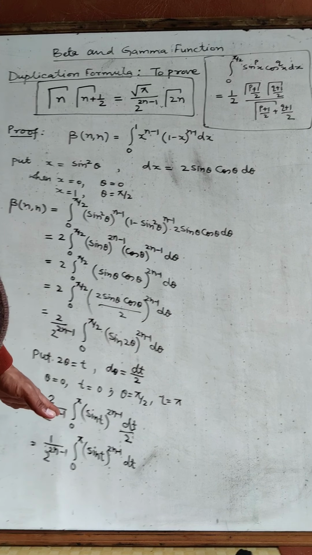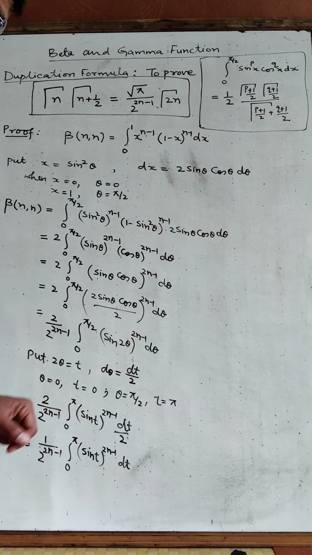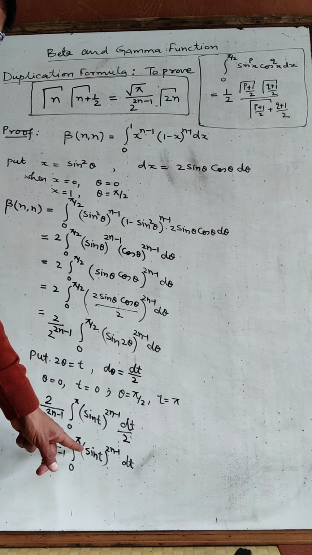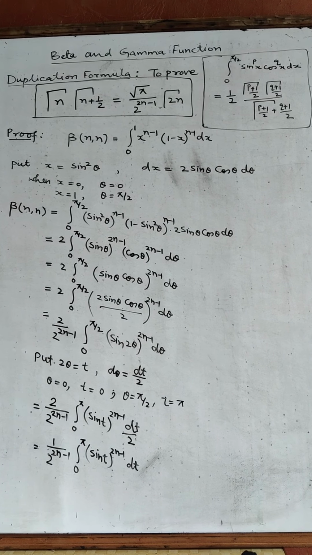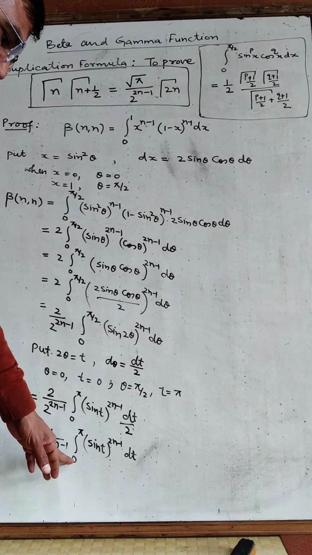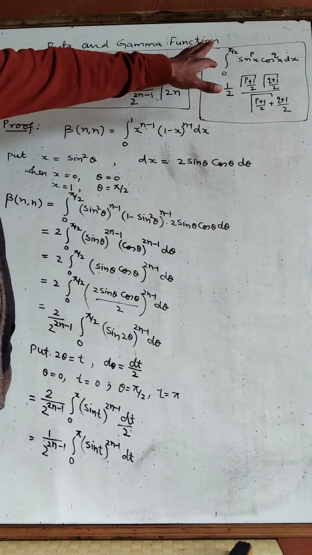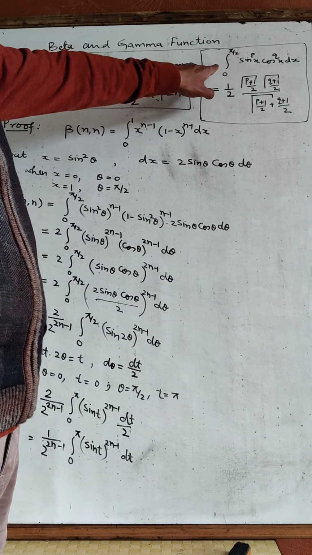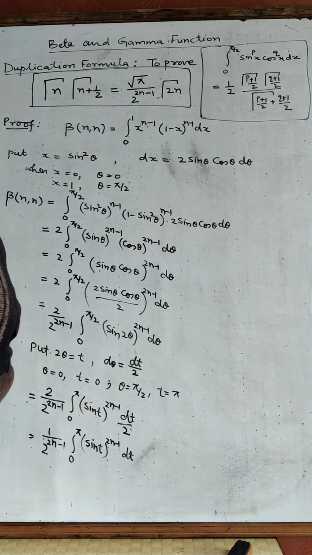And for that, if we compare the two integrals, the only problem is with our limits. Here the limits are from 0 to pi, but to write this result, the limits must be from 0 to pi by 2.